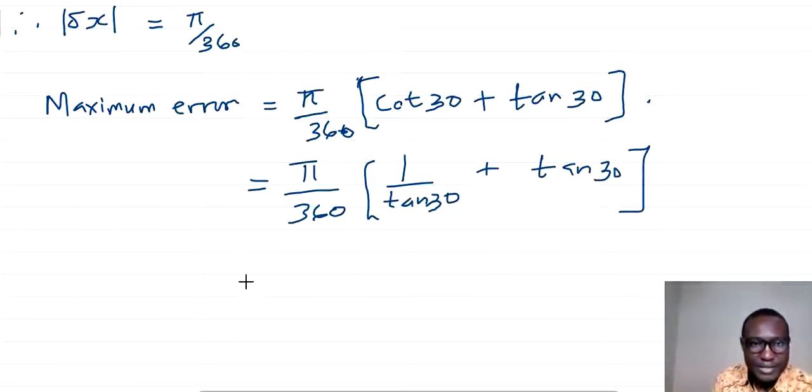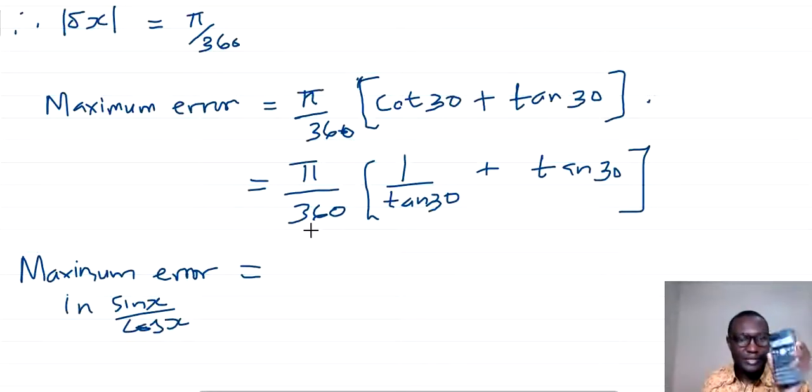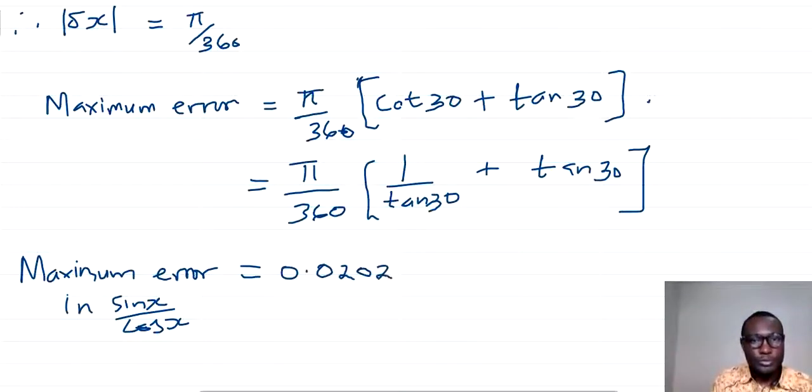With our calculator in degrees, we are going to compute this value as the maximum error in sin x all over cos x. So when you press on the calculator, we are going to get 0.0202, and this here is to 4 decimal places.